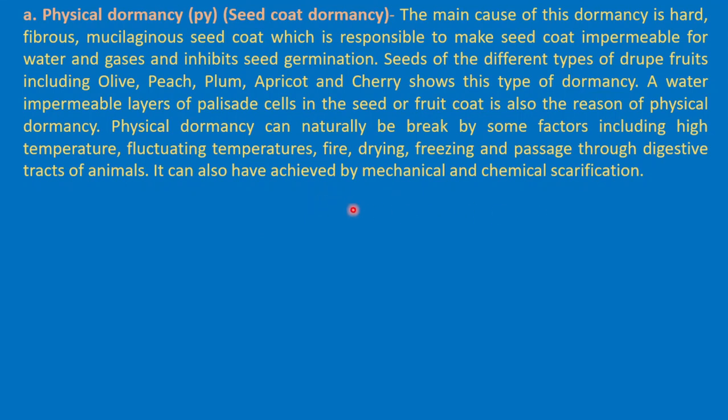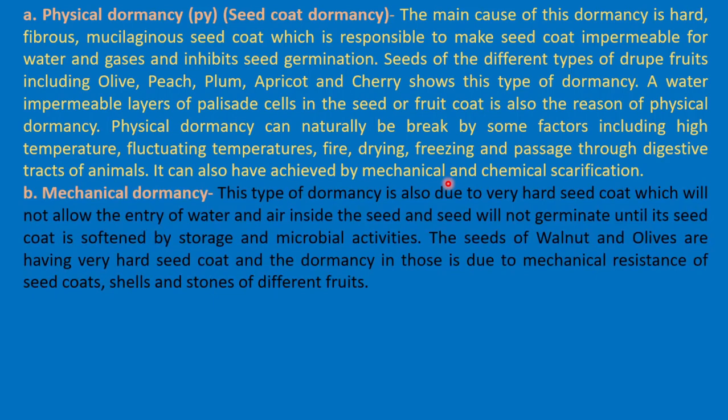So sometimes mechanical and chemical scarification are also practiced artificially to break such dormancy. So this particular dormancy is known as physical dormancy. Now the second type of exogenous dormancy is mechanical dormancy.